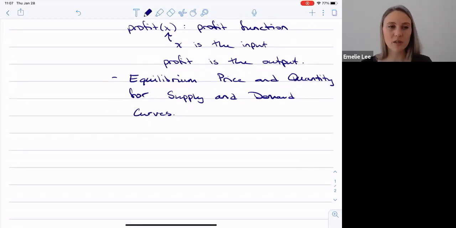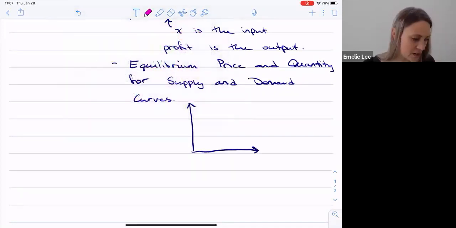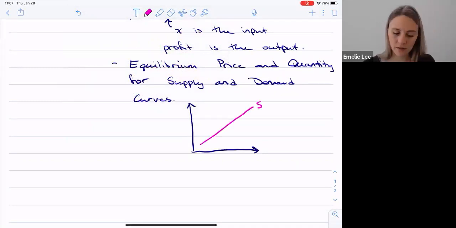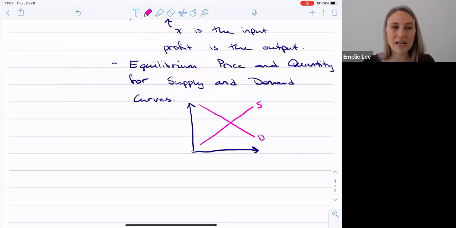I'm not going to focus on, you know, if there's a fire one year, then what happens to the supply curve? No, I don't care about that. It does go through it a little bit in the textbook, but I'll leave that for another course with someone who's more able to explain that to you. But just as a rule, our supply curve is always going to have a positive slope, and our demand curve is always going to have a negative slope, right?